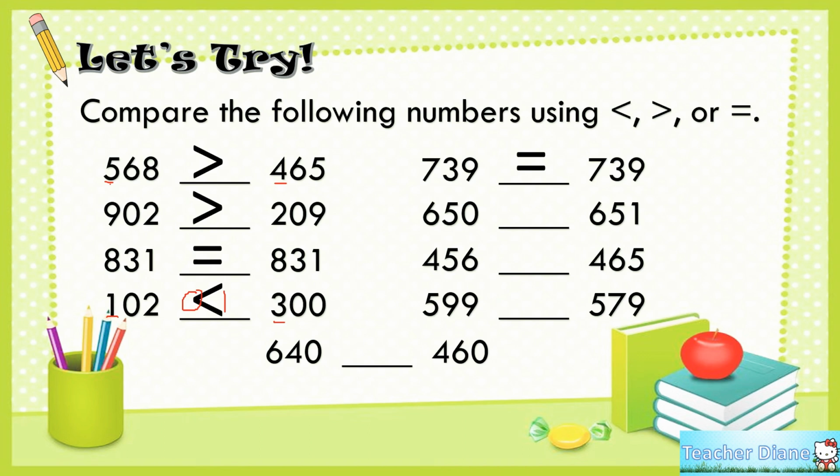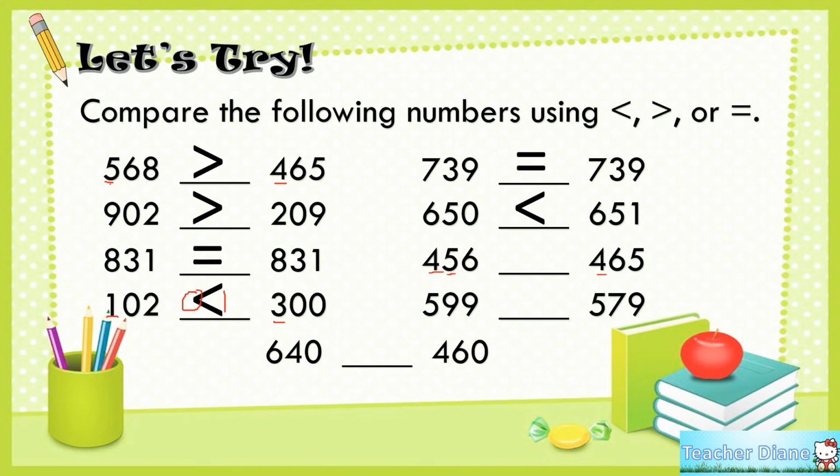650 and 651. Is 650 greater, lesser, or equal? Right, it's lesser than 651. How about 456 and 465? They both have the digit 4 in the hundreds place.